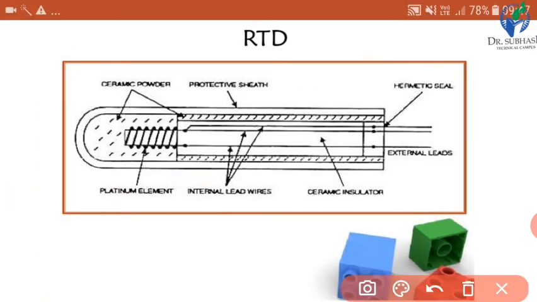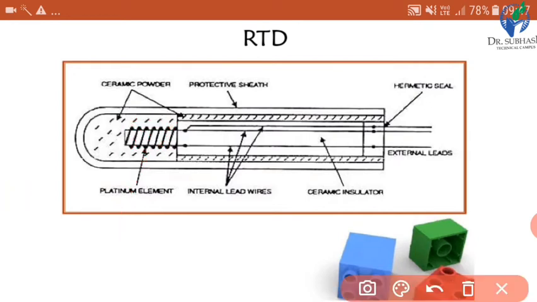Now this is the construction of an RTD. Here we can see the different elements of an RTD. Here we can see the platinum element, the wire wound, and that wire is platinum wire.